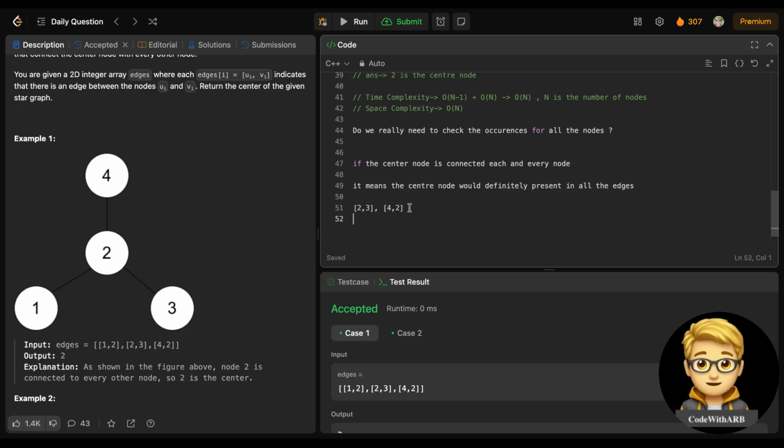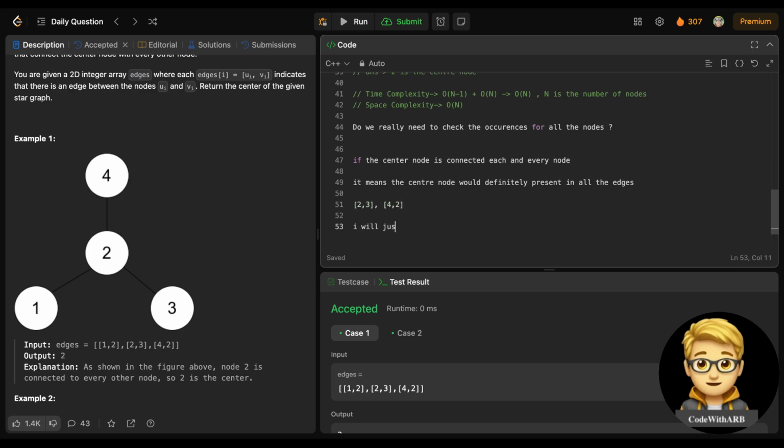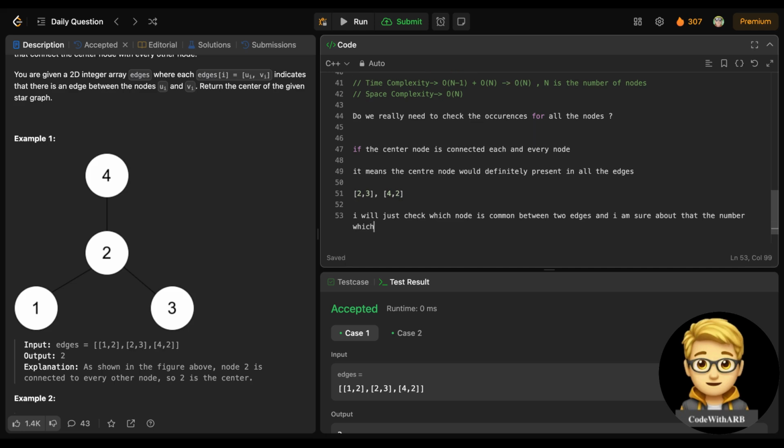So what I will check is which node is common between the two edges, and I'm sure that the number which is common in both of the edges would definitely be my center node.